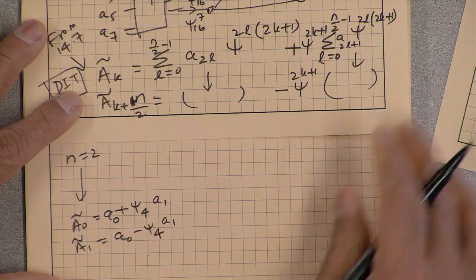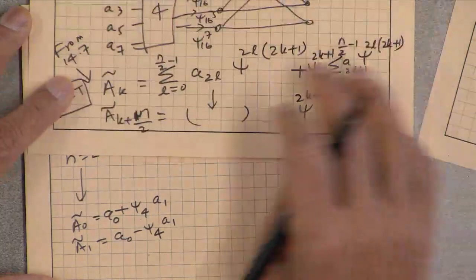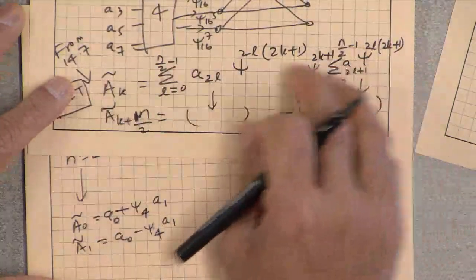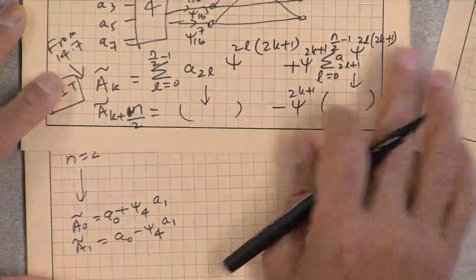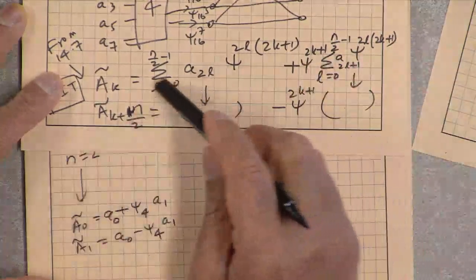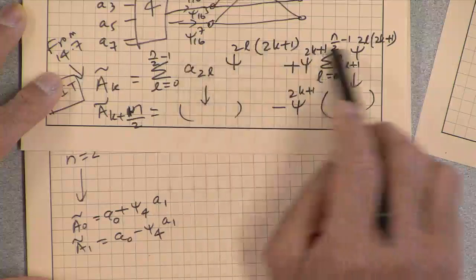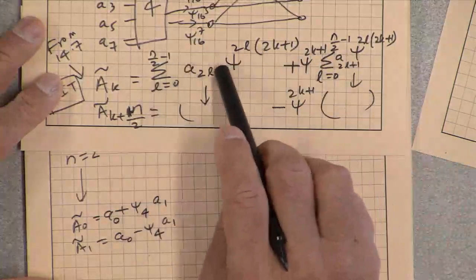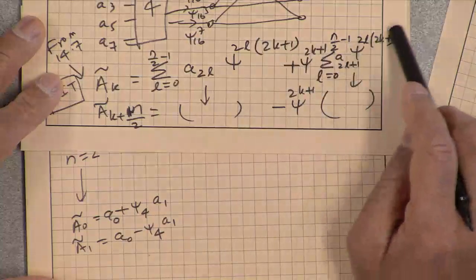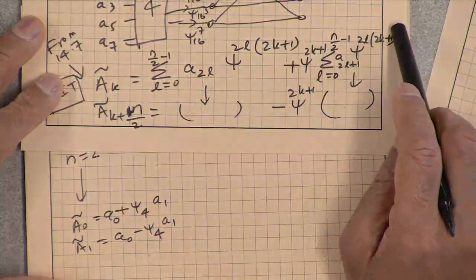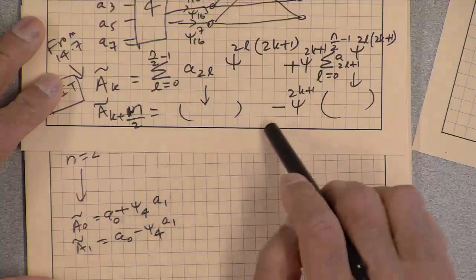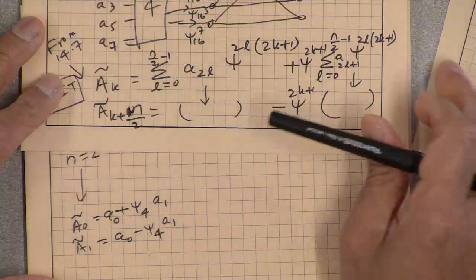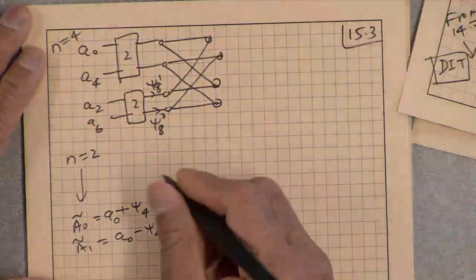That's the definition: if you substitute n equal to 2 in this equation, there is no summation involved, just one term, L is 0, psi to the power 0 is 1, and then psi to the power 1, minus psi to the power 1. So that's the 2 point structure.